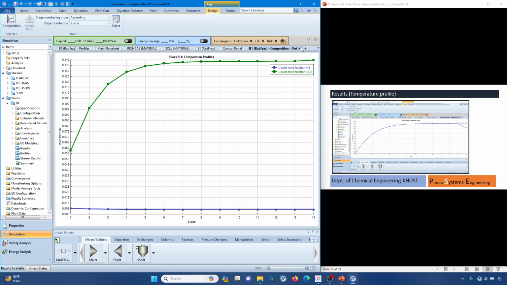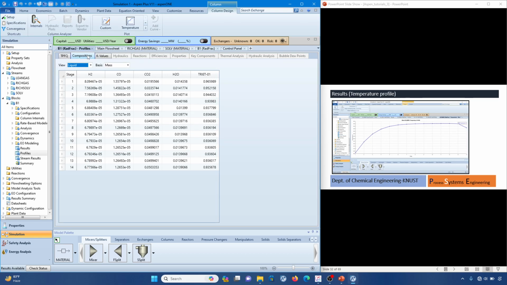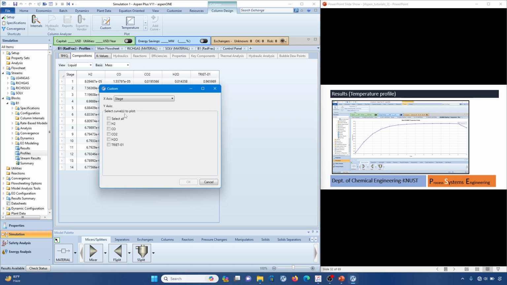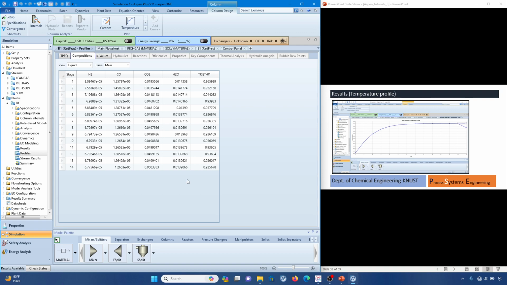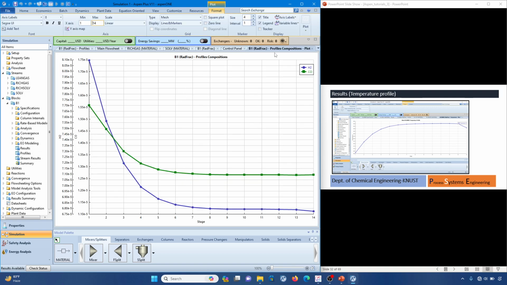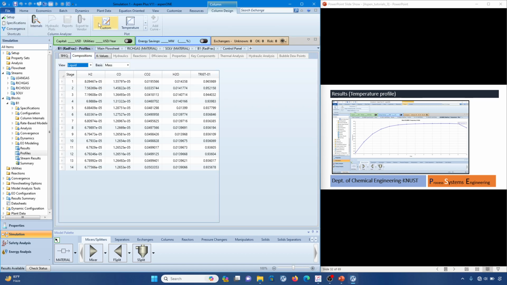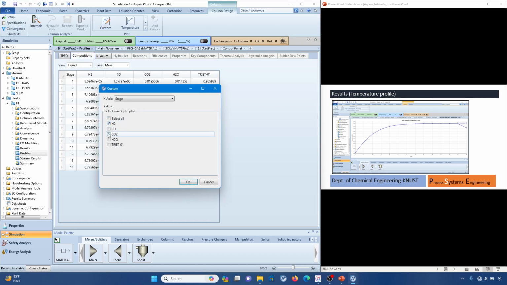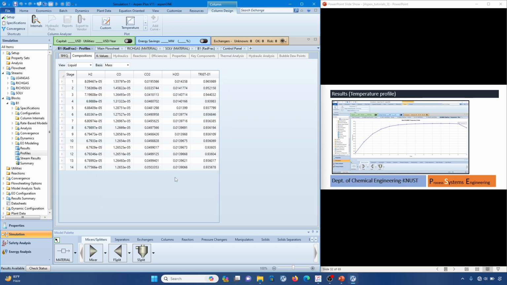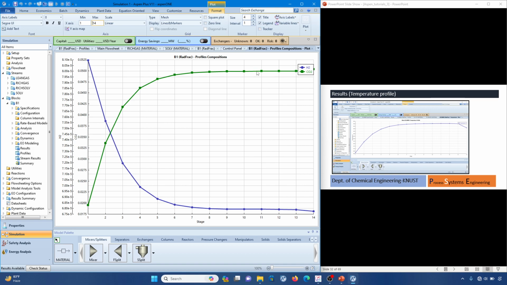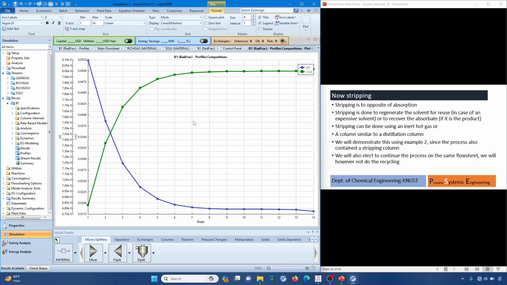Maybe we should just customize the selection. Hydrogen and CO2. Yes. And the behavior is as expected.